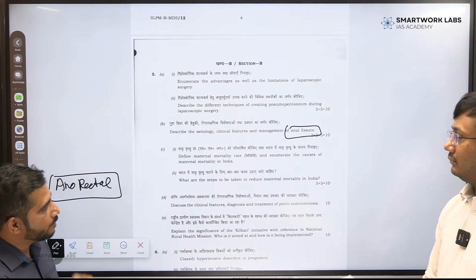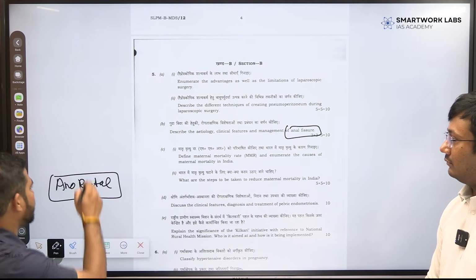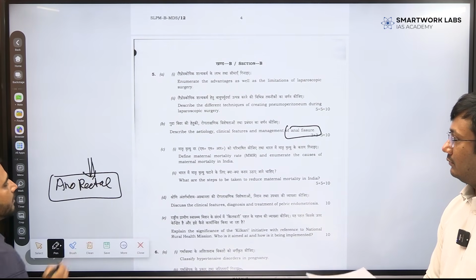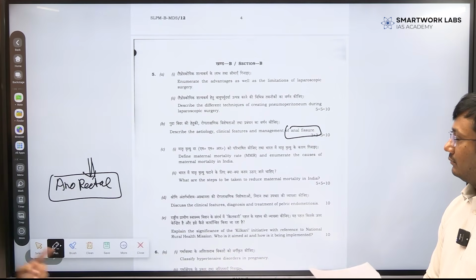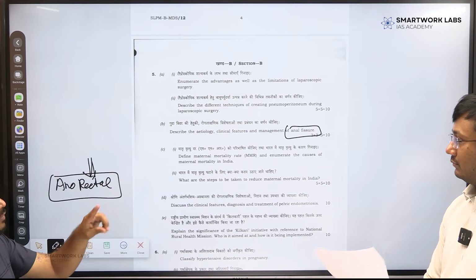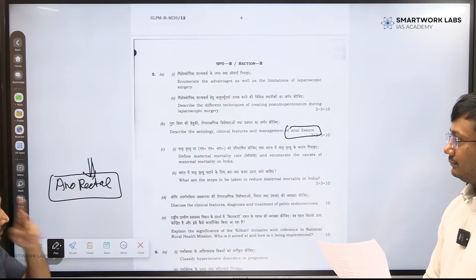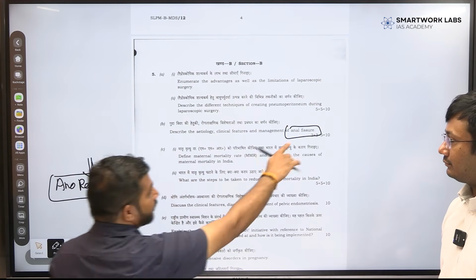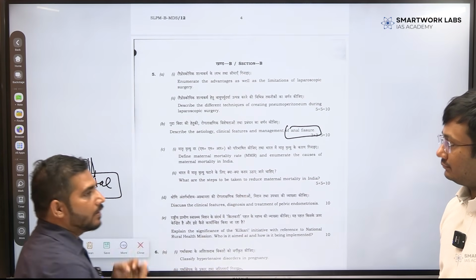When these problems increase, the incidence of anorectal disease increases. That's why in the previous year they asked the classification of colorectal malignancy. This year, they asked about anal fissure and hemorrhoid.